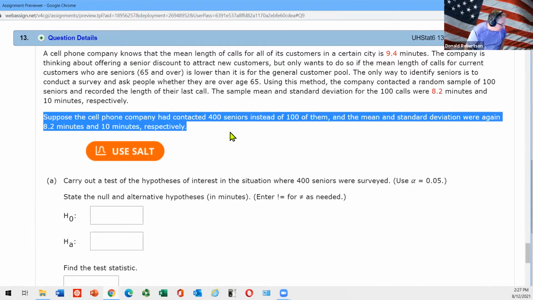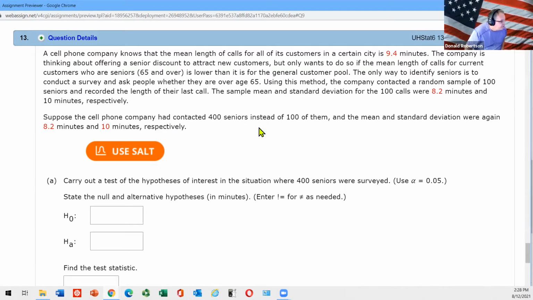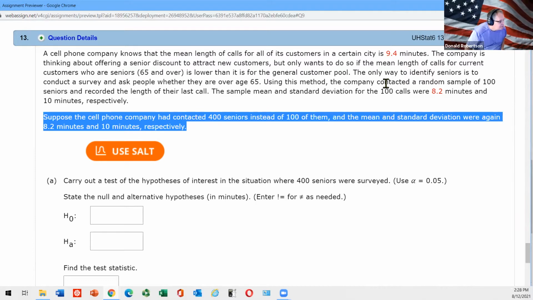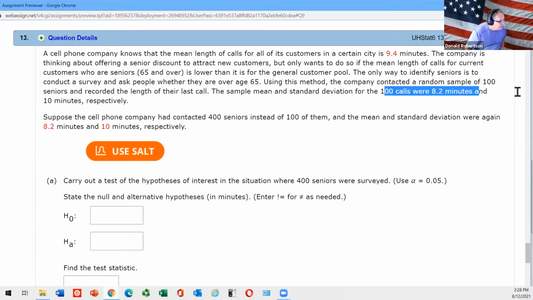Oh, I just noticed something. This piece of information is slightly different than the one that's up here.